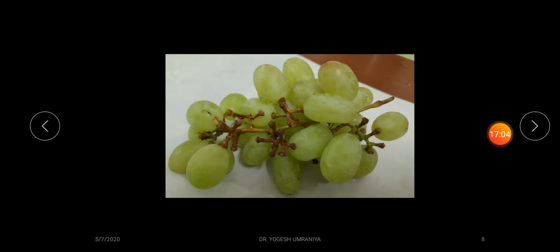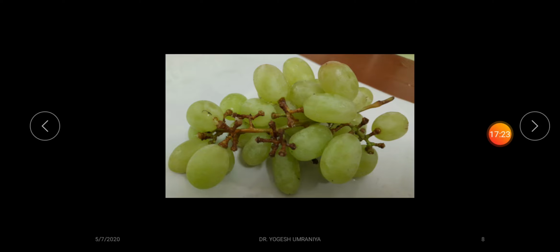In the next slide, after gathering all the knowledge of the structural organization of the salivary gland, we can conclude the similarity in structure between the salivary gland and a bunch of grapes.